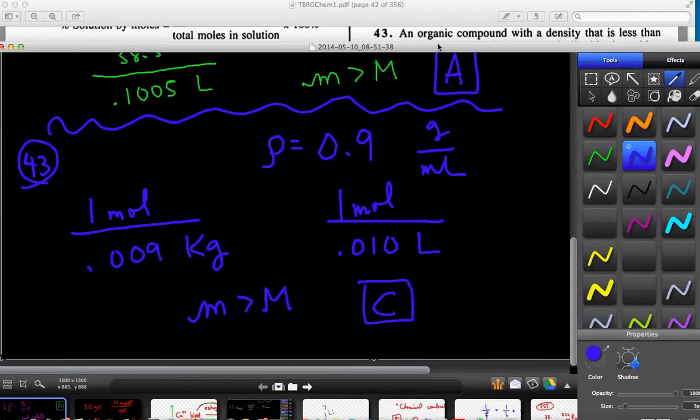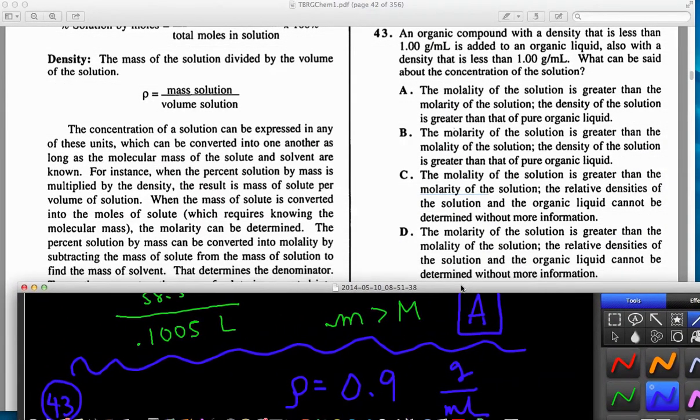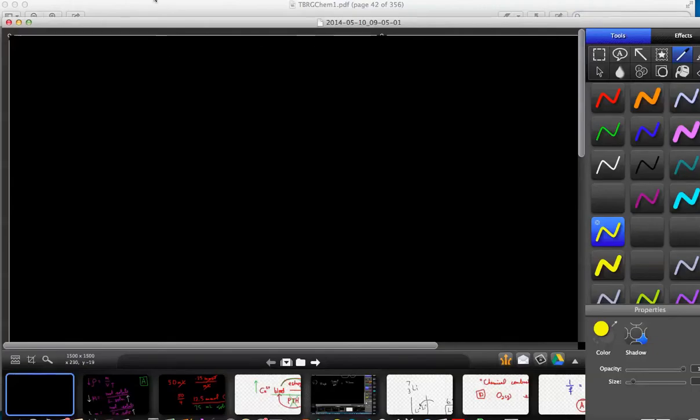If we look at the answer choices, we can't determine the relative densities of the two components, so automatically A and B are gone, and we've already demonstrated that molality is greater than molarity, so D is gone. That leaves C as the best answer.